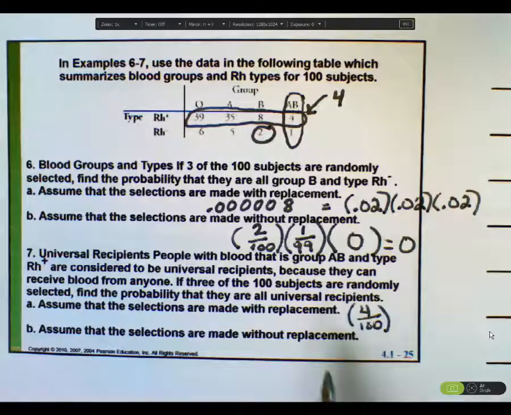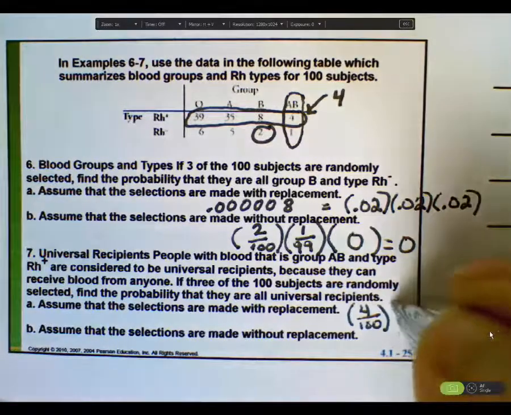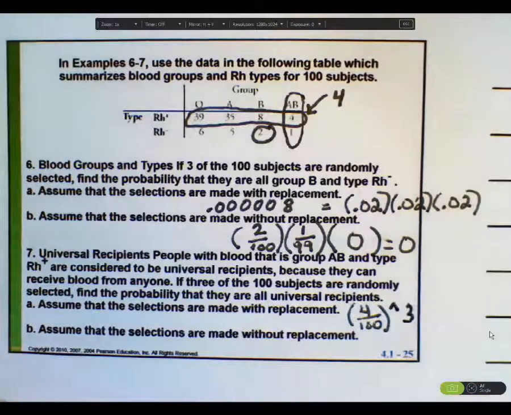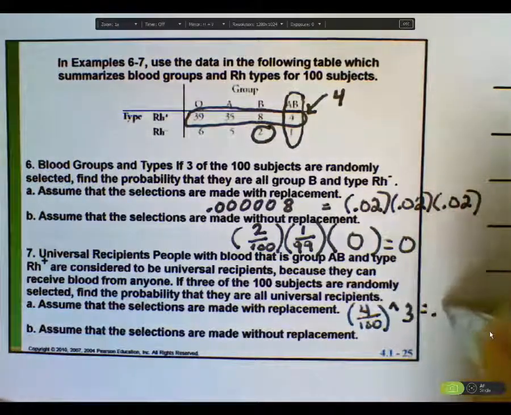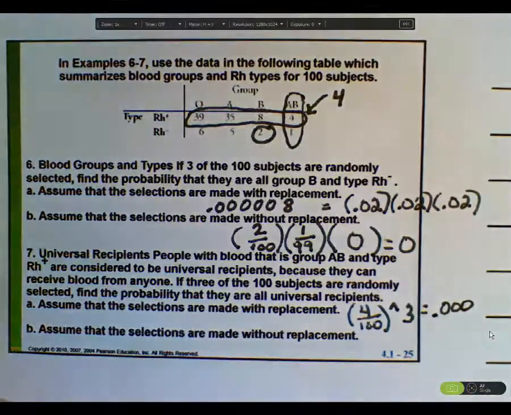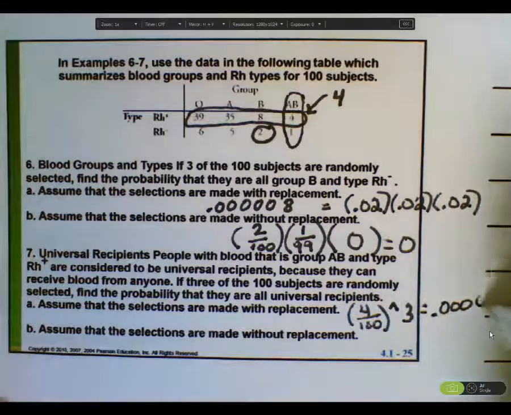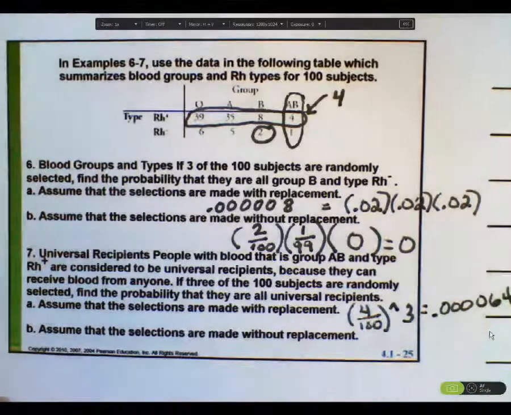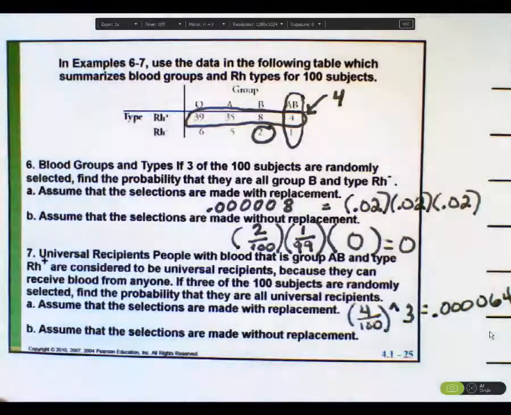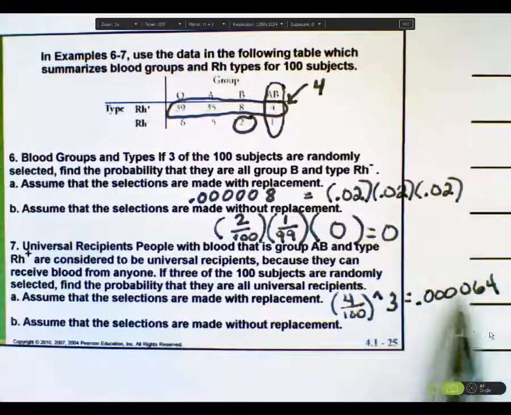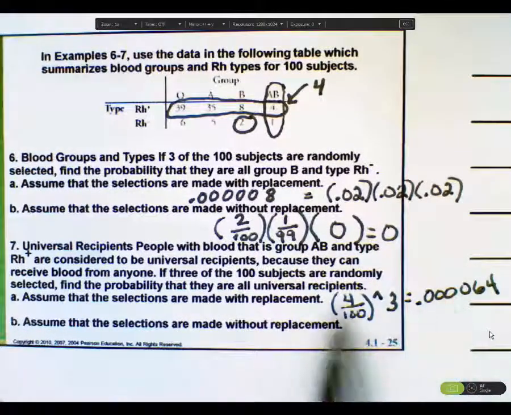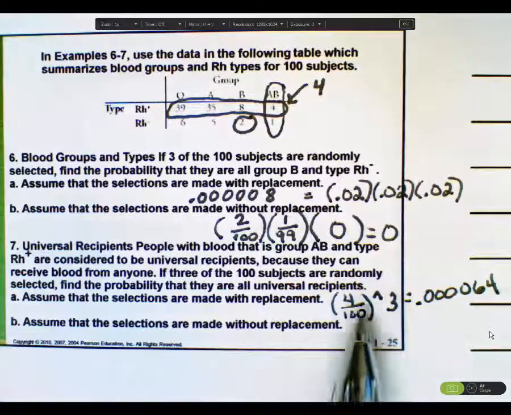So 4 out of 100 times 4 out of 100 times 4 out of 100, or 4 out of 100 to the third power, that is 0.000064. So a very low chance that all 3 would be universal recipients.